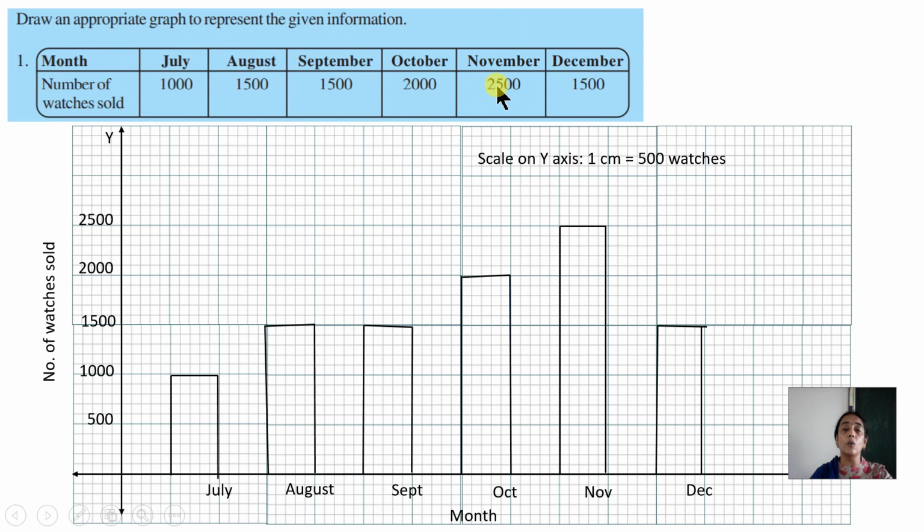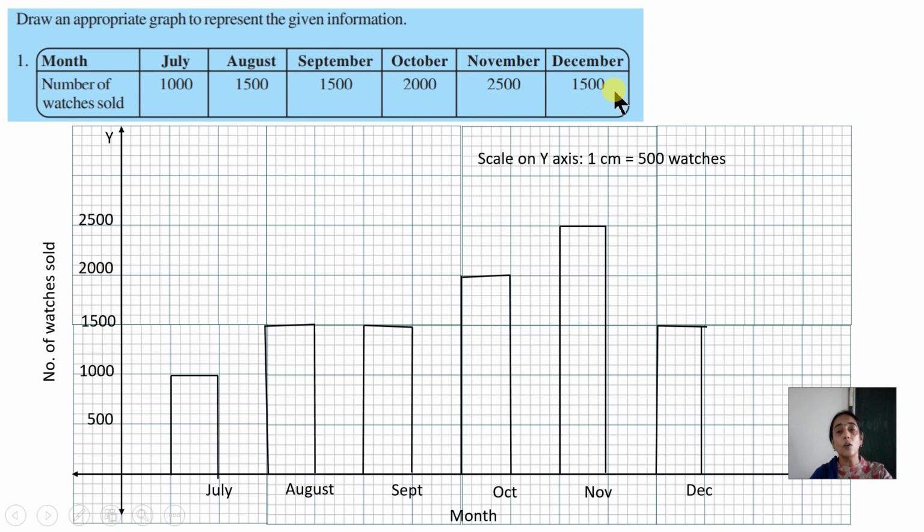Here, how many watches were sold in which month is given: July 1000, August 1500, September again 1500, October 2000, November 2500 and December 1500.